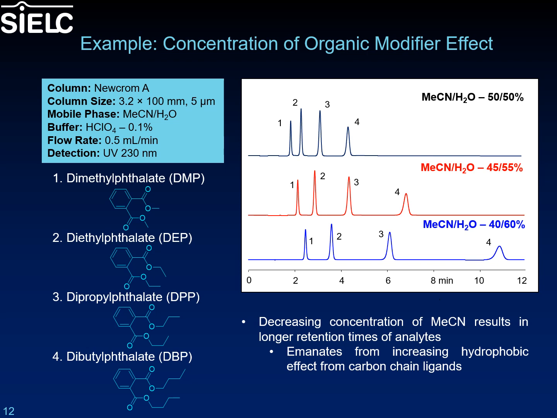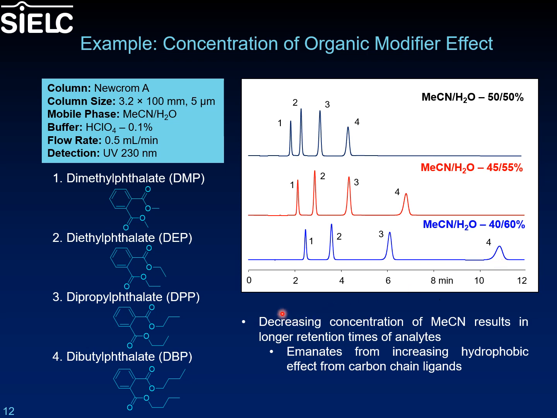However, if one moves over to a concentration of acetonitrile as 45% in water, the peaks begin to spread out over a greater retention time. And if one further dilutes the acetonitrile to 40% in water, the signals start separating out over even greater retention time, and even the peak symmetry becomes questionable.